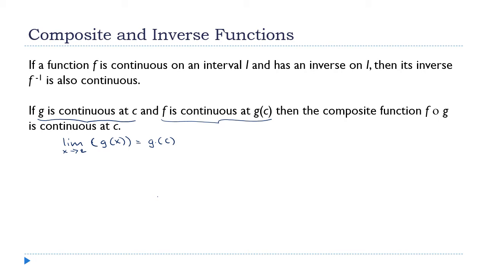And because f is continuous at g of c, I can apply my theorem. My theorem says the limit as x approaches c of f of g of x equals f of the limit as x approaches c of g of x, but because g is continuous, this equals f of g of c.